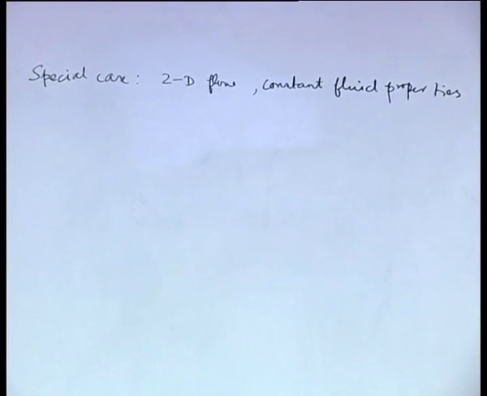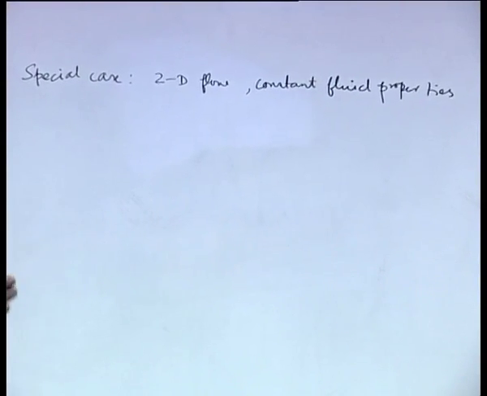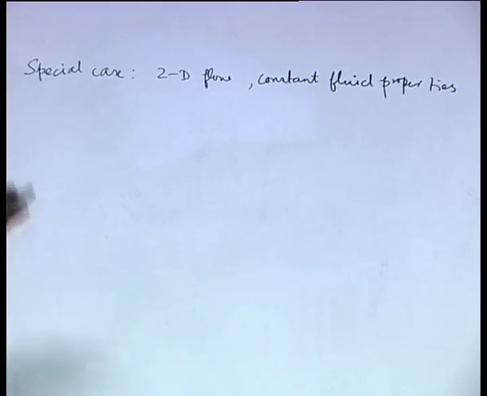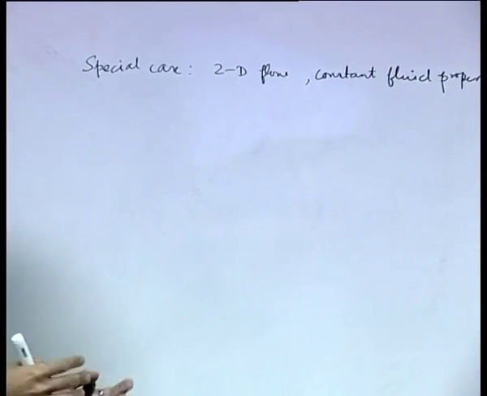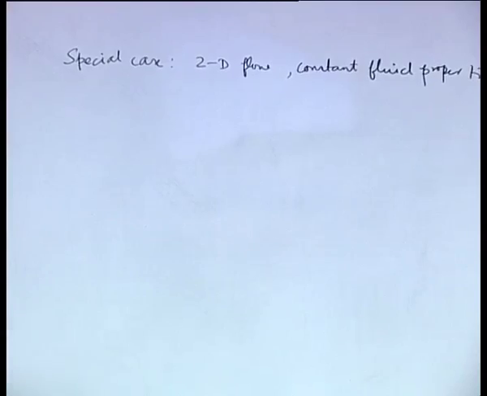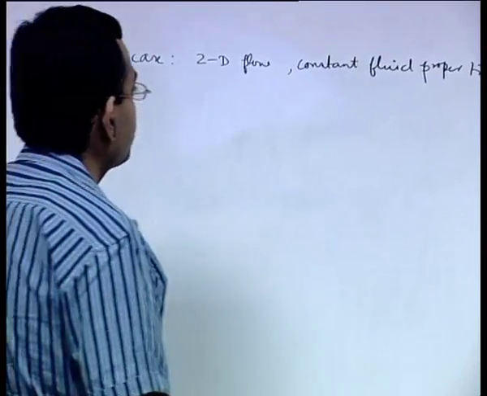This is just to give you an example of what can be the forms of the governing equations and what are the corresponding challenges. The same concept can be extended to more complicated flows, but let us stick to this special case.